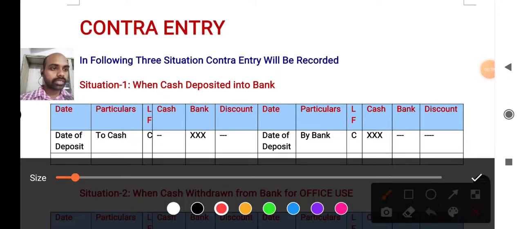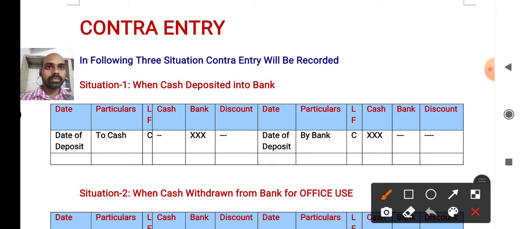So, contra entry. When you post in the triple column cash book, on both the debit side and the credit side, opposite sides, contra means opposite. So the entry will be recorded in the same one book on both sides, or in one account on both sides.